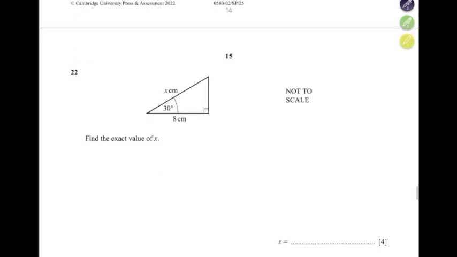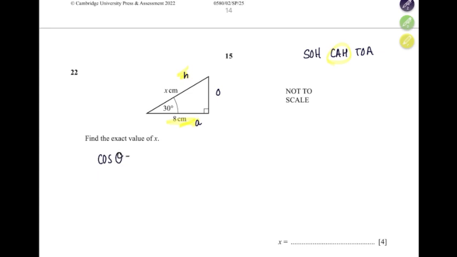Find the exact value of x. This is a right angle triangle, so it's pretty easy to use the hypotenuse. This is opposite, this is adjacent. We have a and h. Remember SOH CAH TOA. We have adjacent and we have hypotenuse, so cosine is perfect.